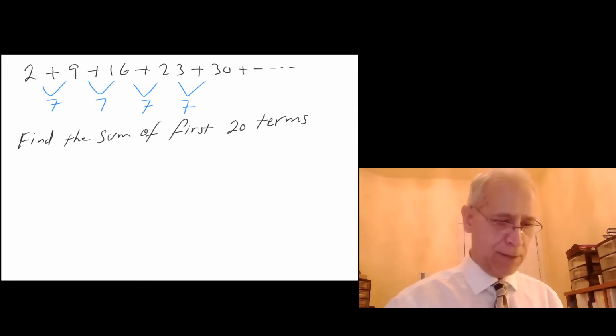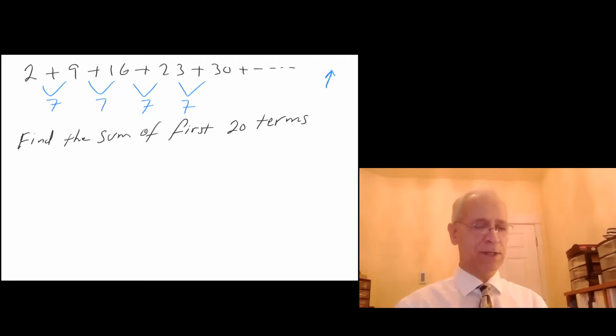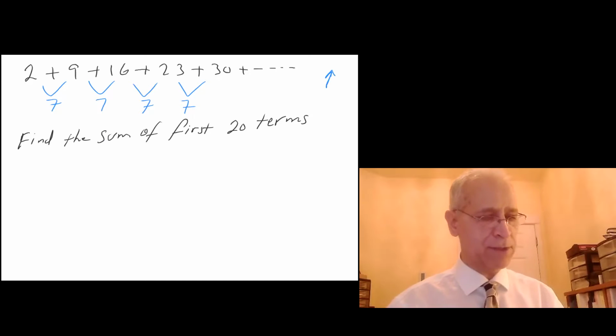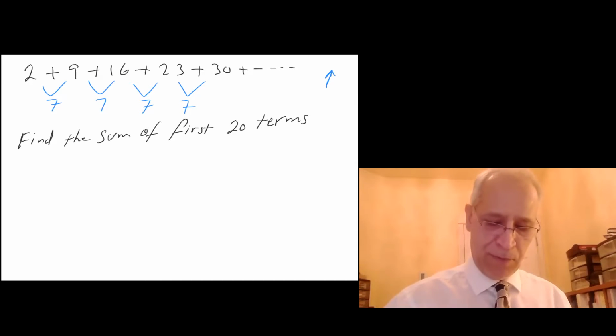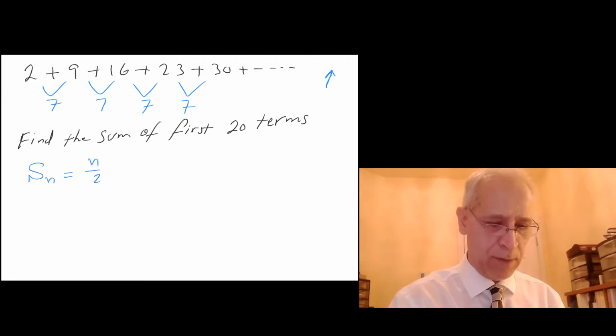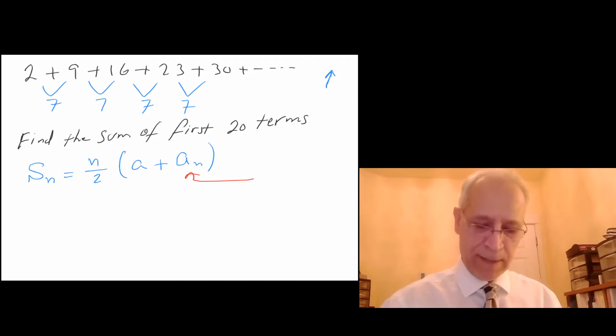I know that the 20th term is not given to me. Remember that we are using the formula S sub n equals n over 2 times (a plus a sub n), and in this case a sub n is not given to us. So I can replace that.